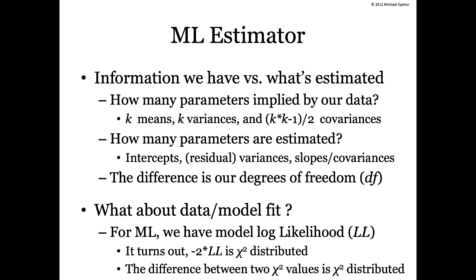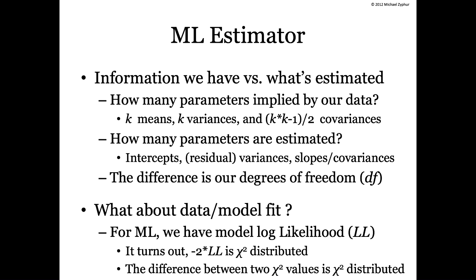And the difference between two chi-square values is itself chi-square distributed. So that's pretty useful. Every model has a likelihood value, and we can turn that into something that has a chi-square distribution, and the difference between two chi-squares itself has a chi-square distribution.